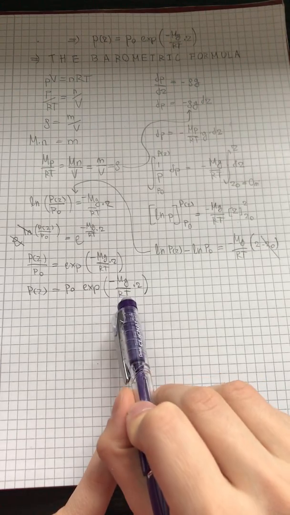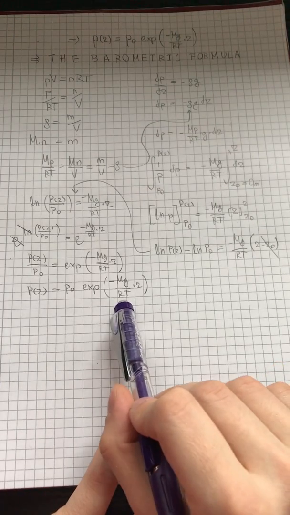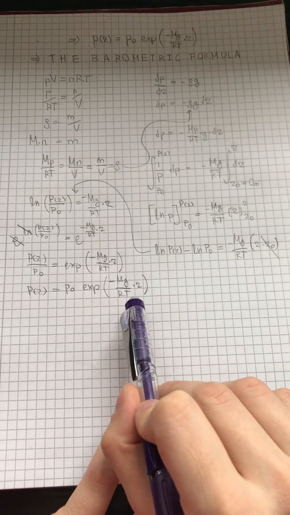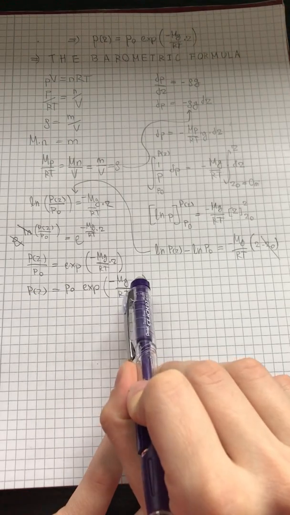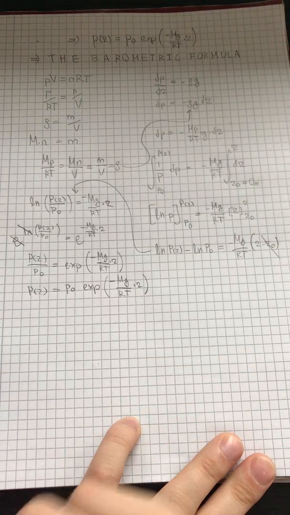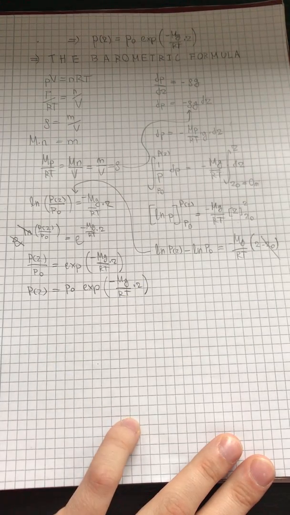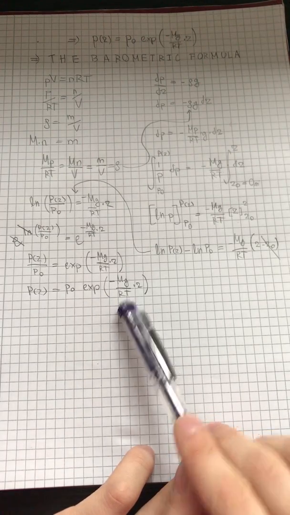Temperature will vary, and oftentimes in problems you're going to get a given temperature, and you need to calculate the pressure at a given temperature and a given height. These two values will vary. And there you have it. This is the barometric law, assuming the temperature is constant with altitude.